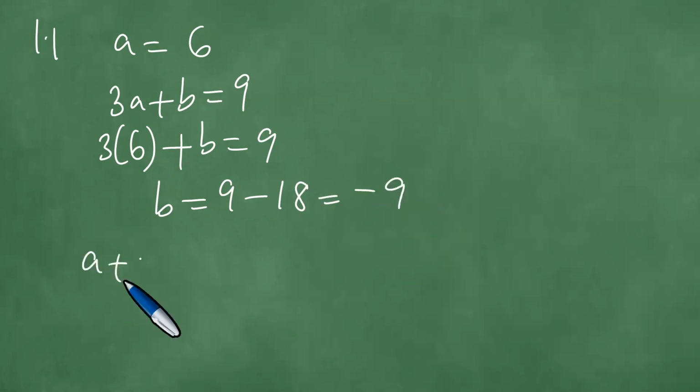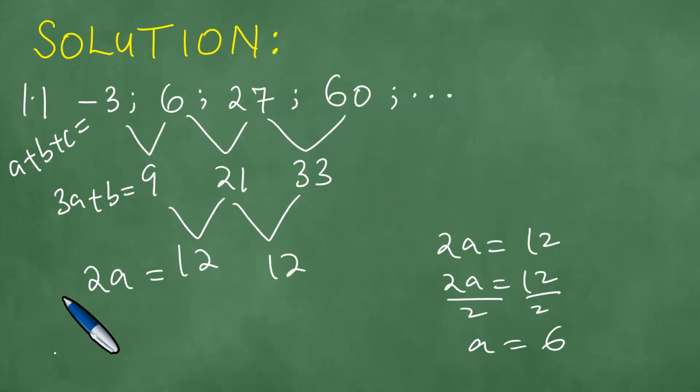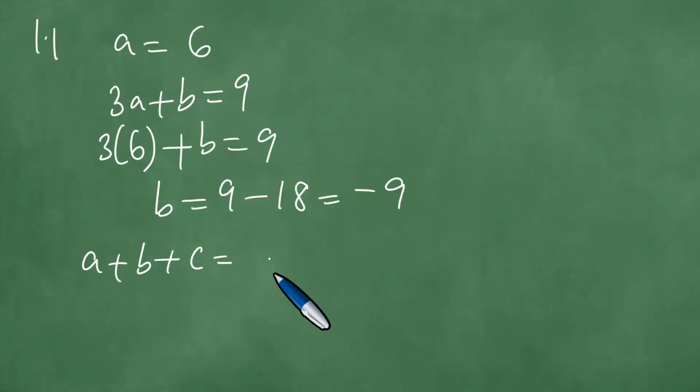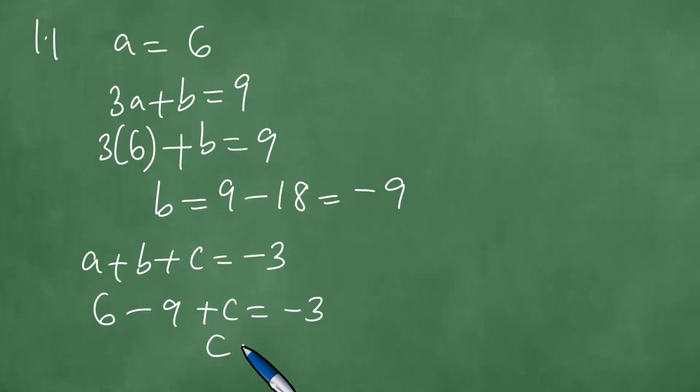The next thing is a plus b plus c equals the first term, minus 3. So a is 6, b is minus 9, and 6 minus 9 is minus 3, and you bring minus 3 across, and that makes c equal to 0.